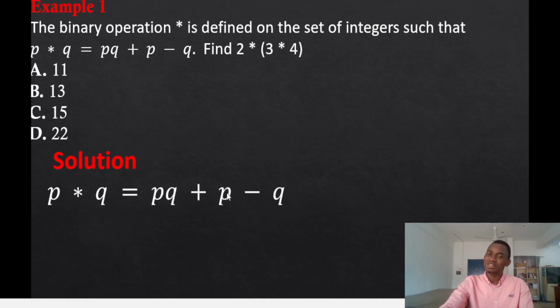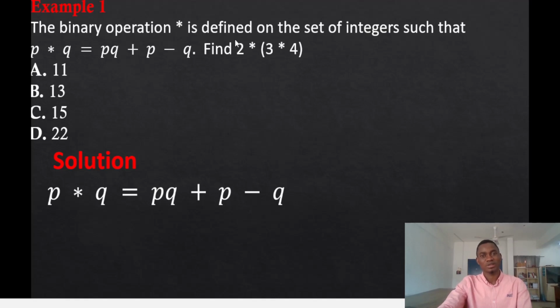Then we add the first element. Then finally, we subtract the second element. So this is what this operation is suggesting. Each formula or each operation is suggestive. So this is simply what we are being prompted to do here.